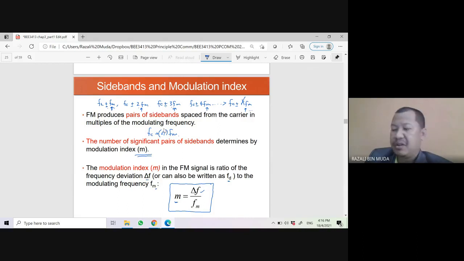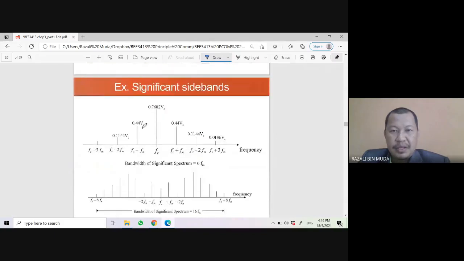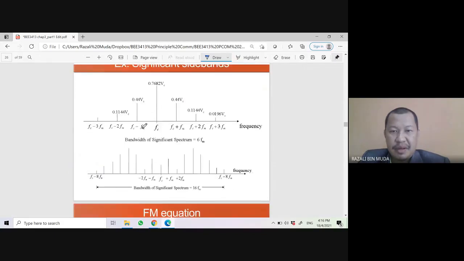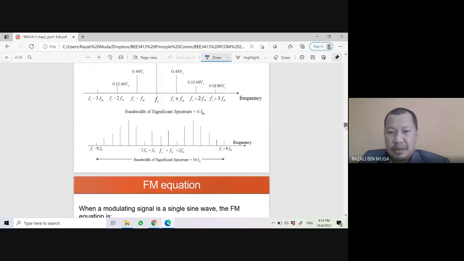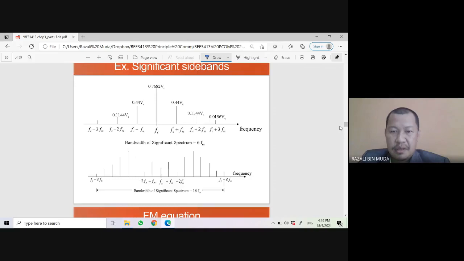Let us look at the example from earlier, the significant sidebands. In example 1, this is the FC. So FC minus FM and FC plus FM. This is FC plus minus FM, these two.